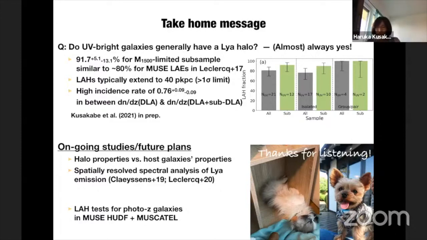It's like a group of Lyman alpha emitters. And we found a high Lyman alpha halo fraction for those sources. But we also found a high halo fraction for isolated galaxies. So not always associated with massive structures.